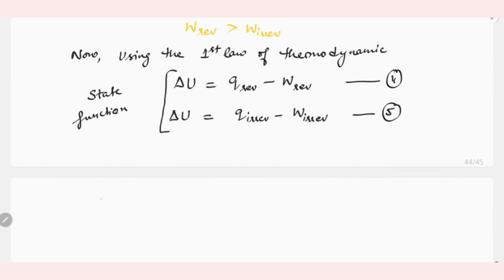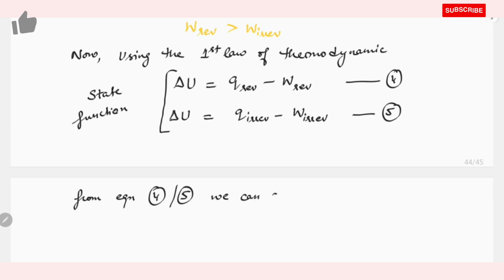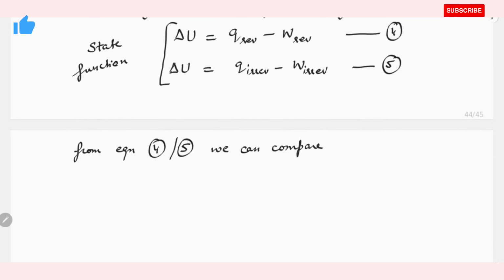Therefore, from equation 4 and 5, we can compare that Q reversible minus W reversible becomes equal to Q irreversible minus work done in case of irreversible process.